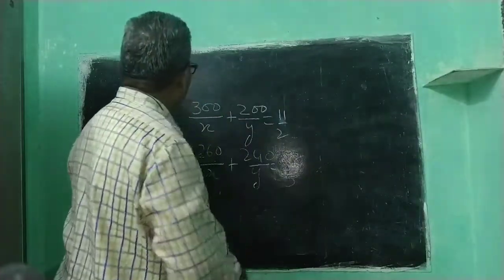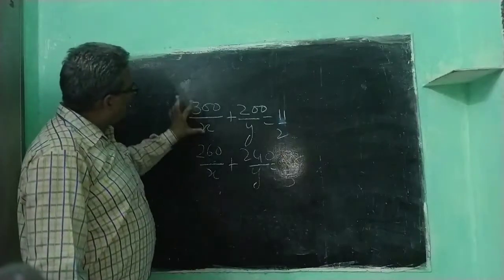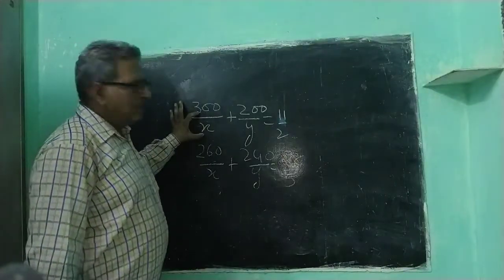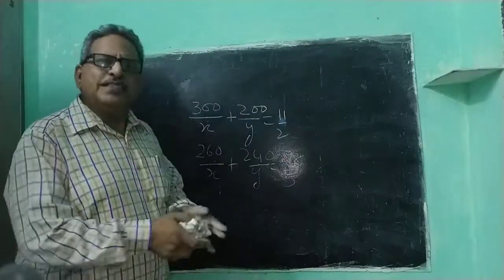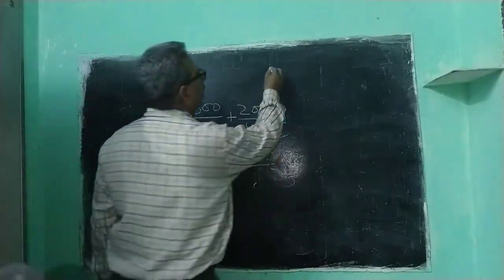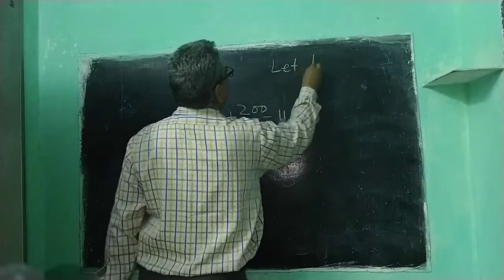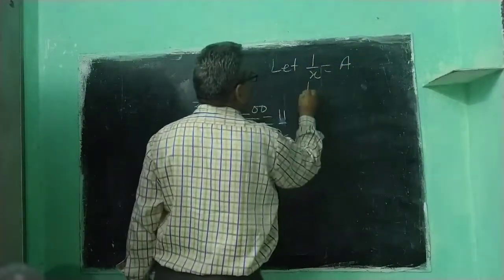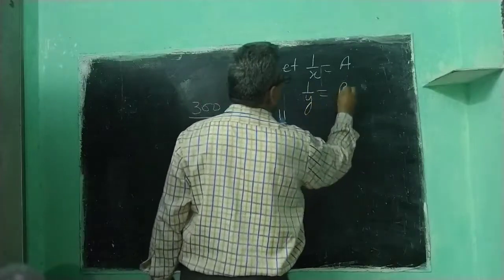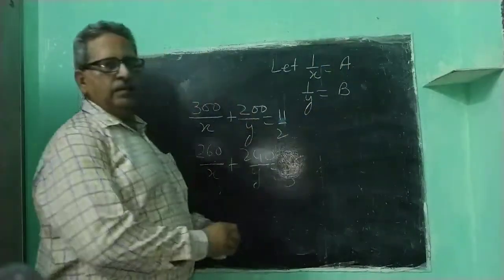Okay, so here, beta, you see this is 1 upon x, this is 1 upon y. So what we do in these kinds of sums, let 1 upon x equal to a, 1 upon y is equal to b.